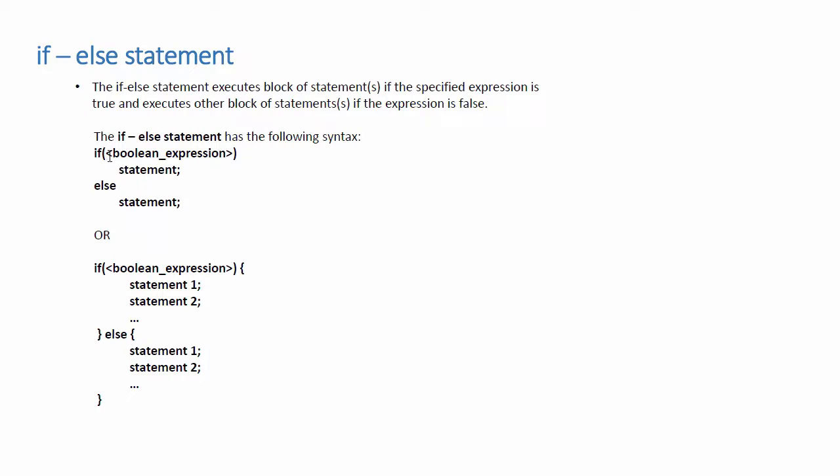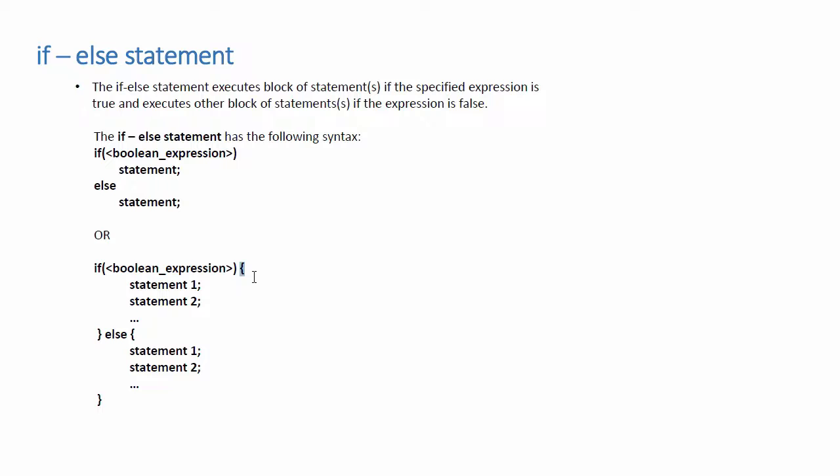In these cases, if boolean expression is true, execute the if block, otherwise execute the else block. Same here, if boolean expression is true, execute all the statements in the if block. If boolean expression is false, execute all the statements inside else block. You can omit the curly brackets if there is one statement only, but it is not a recommended practice. But when we have multiple statements, curly brackets are compulsory.